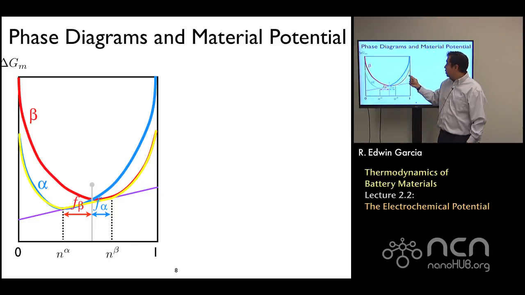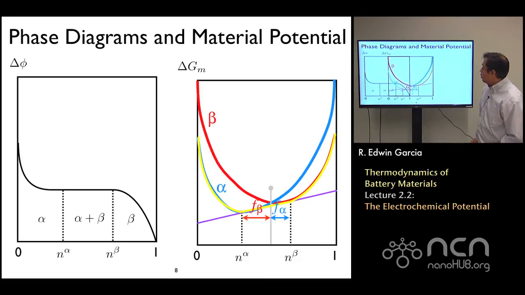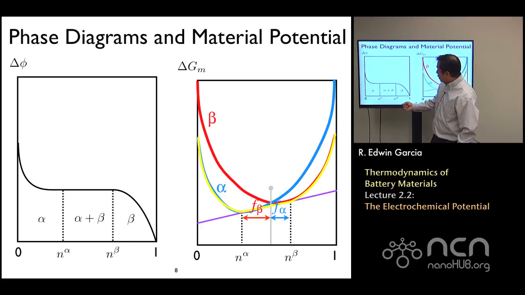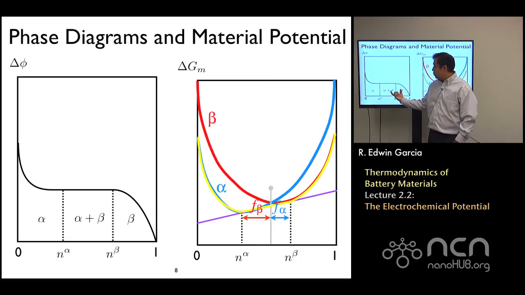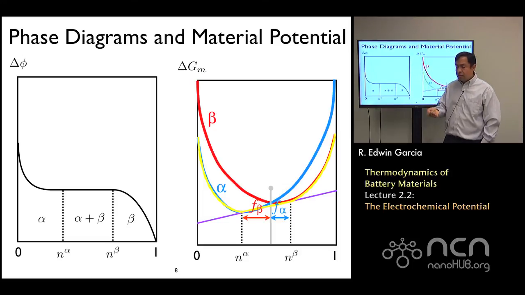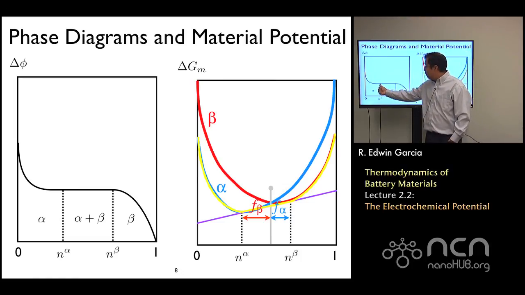So if we plot those intersections as a function of composition, what we find is that in regions where I have only one phase, the voltage is not going to be constant, it is going to vary, depending on the value of the chemical potential associated with that. In the region where we have two-phase equilibrium, because the two phases are coexisting, the chemical potentials tend to be flat, and that forces the voltage to be flat.